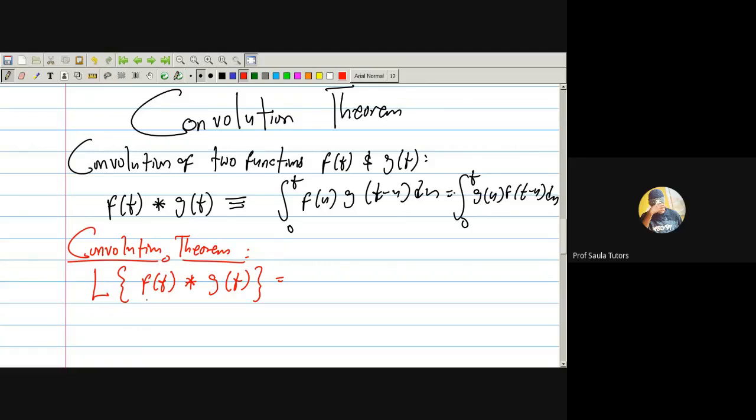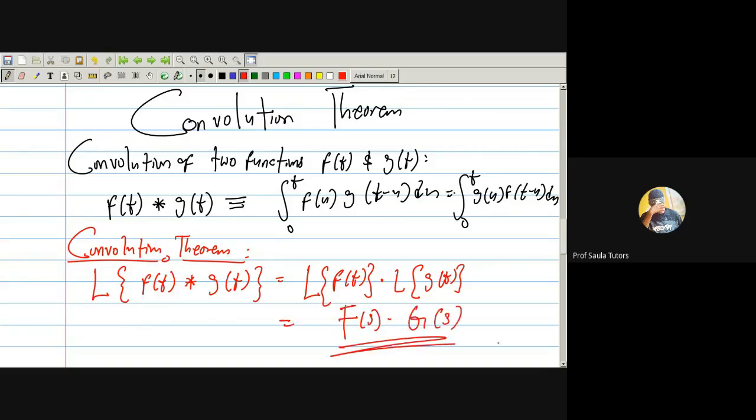The Laplace transform of the convolution of f of t and g of t is equal to the Laplace transform of f of t times the Laplace transform of g of t. It means that the Laplace of the convolution of two functions is equal to the product of the Laplace transforms, which means, don't forget, this is equal to F of s times G of s. So this is the convolution theorem. So don't forget that to have the product of Laplace transforms, it means that you are doing convolution of the two functions. Is that clear?